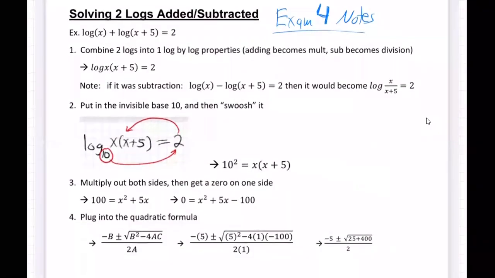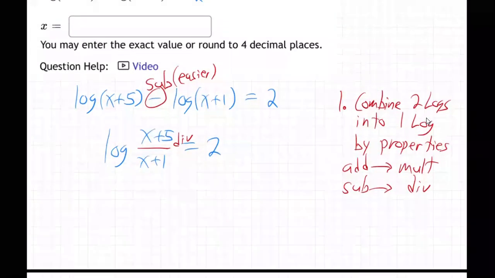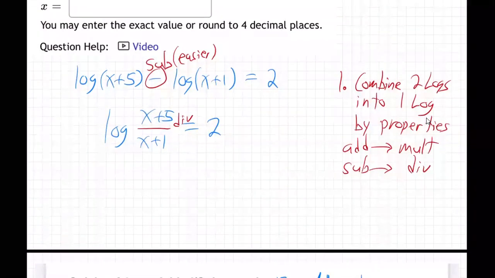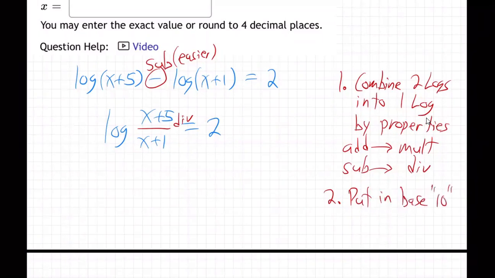What's our next step? Put in the invisible base 10 and then swish it. So step 2, invisible base 10 and do the swish. Put in the base 10 and do the swish, at which case you lose the log, right? So I'm going to write it here again.